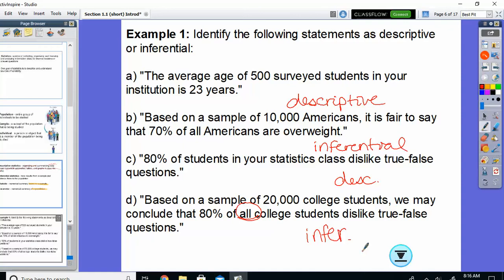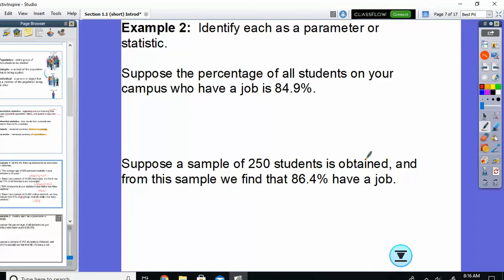All right, so do you see the difference between descriptive and inferential? Let's keep going with these examples. Let's talk about parameters and statistics. Remember, a parameter is describing something from the entire group, the population. The P's match up. A statistic is talking about just my sample.